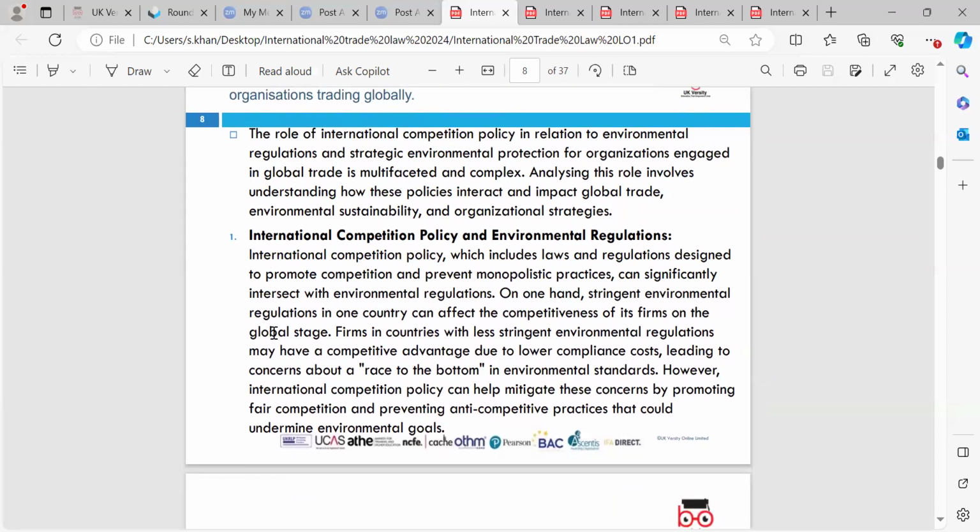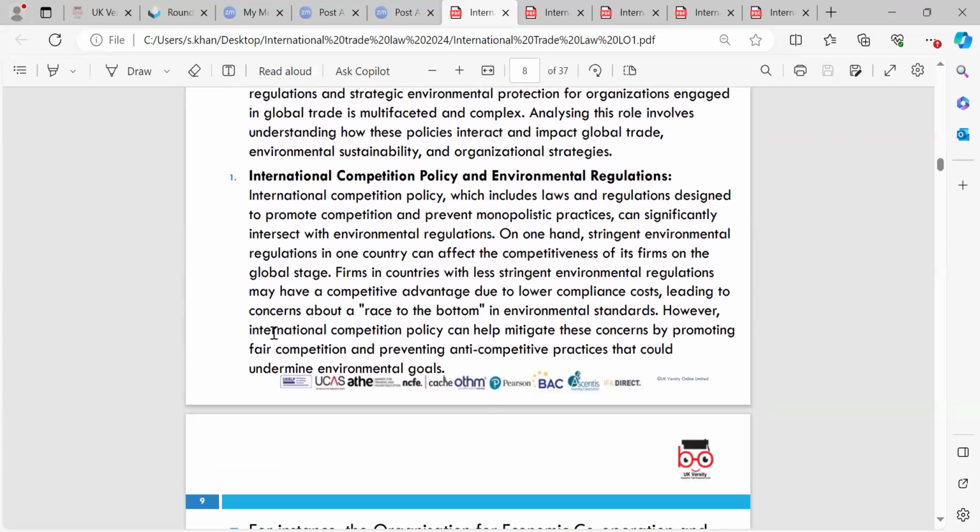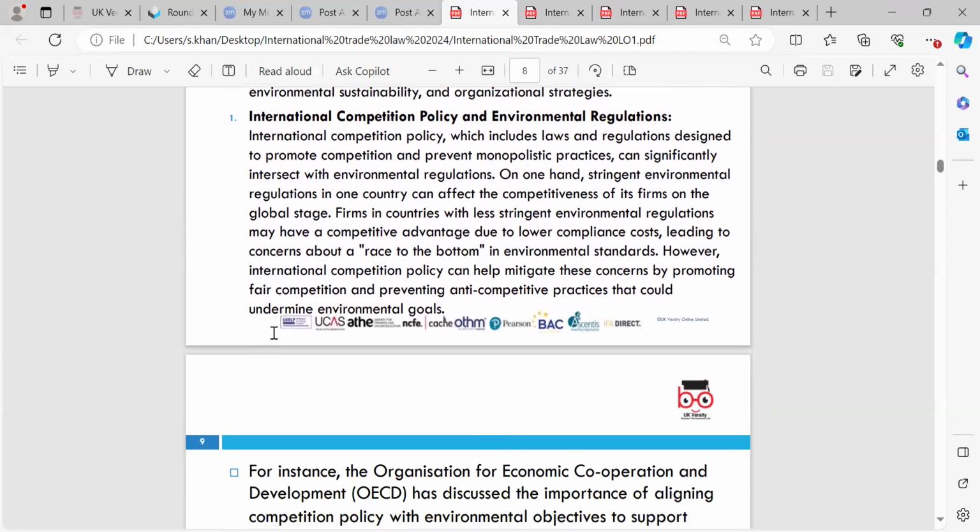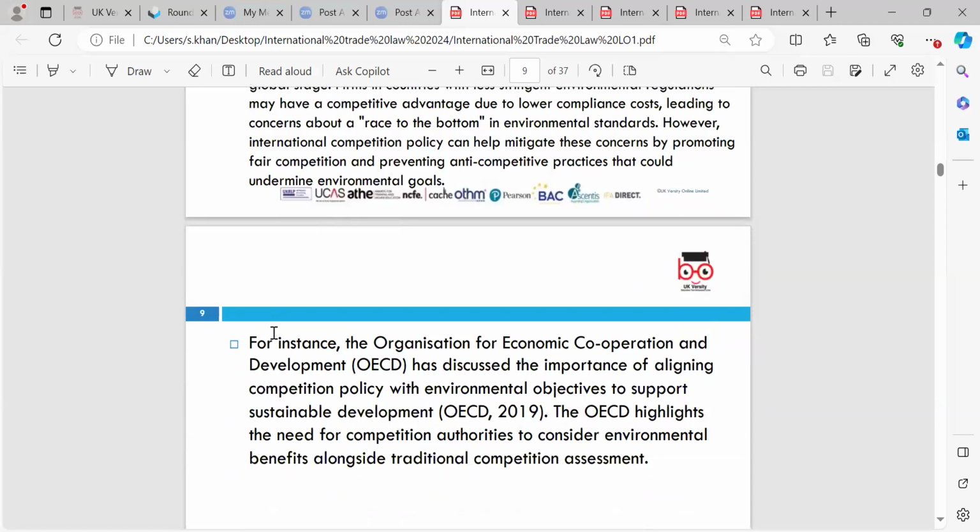We looked at international competition policy and environmental regulations. International competition policy includes laws and regulations designed to promote competition and prevent monopolistic practices, and can significantly intersect with environmental regulations. On the other hand, stringent environmental regulations in one country can affect the competitiveness of its firms on the global stage.